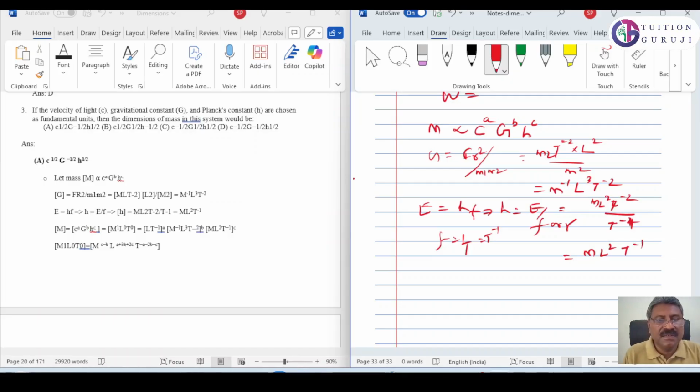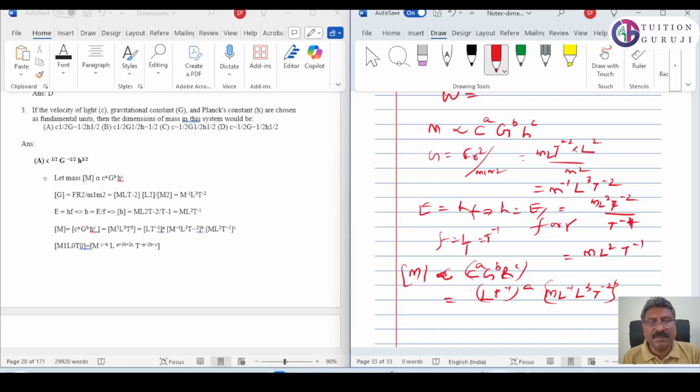Then we will substitute here. Dimension of m is proportional to, or equal to, c raised to a, G raised to b, then h raised to c. That is equal to L T raised to minus 1 raised to a, then G, which is M raised to minus 1 L cube T raised to minus 2, raised to b.